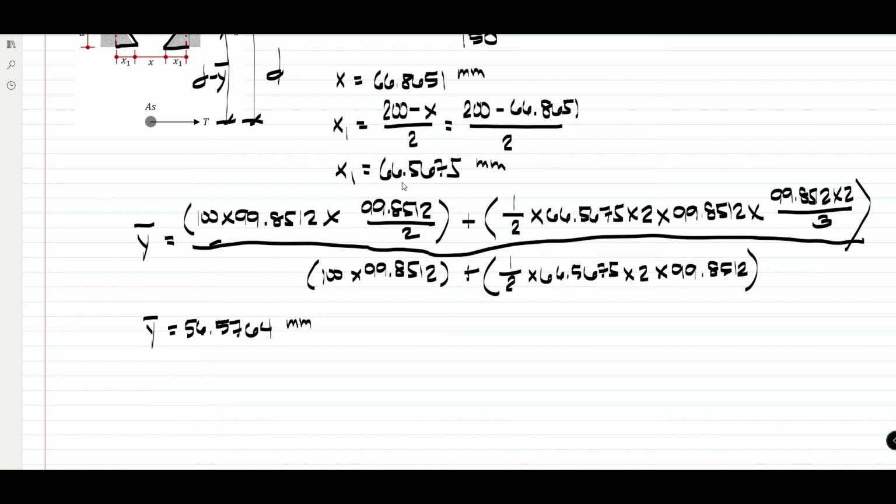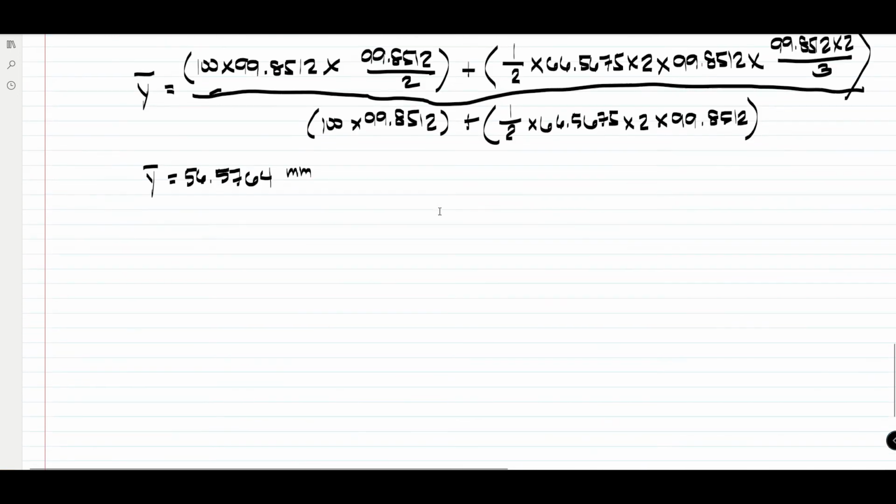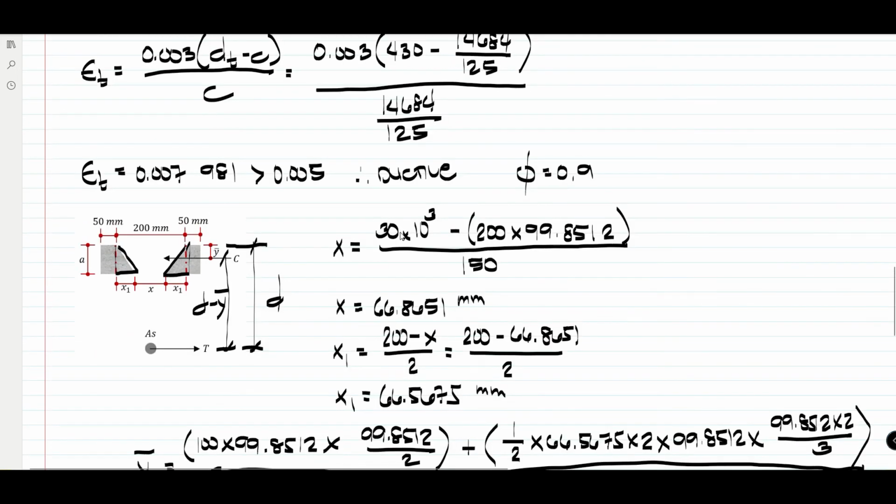Ngayon, upon getting our y bar, syempre, pwede na natin gamitin yung equation for the nominal moment capacity, which is Mn. So, pwede nyong gamitin yung compression force, yung compression side. So, ang tedious nga lang or masyadong mahirap kung compression side pa yung kukunin nyo kasi mag-area pa kayo or magsi 0.85 f'c pa kayo times the area of concrete.